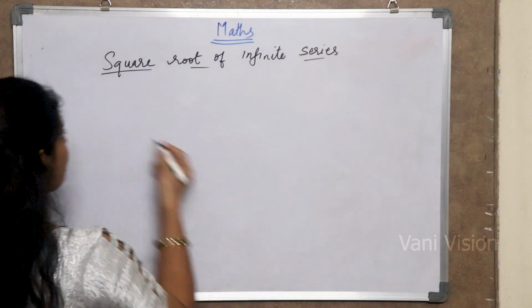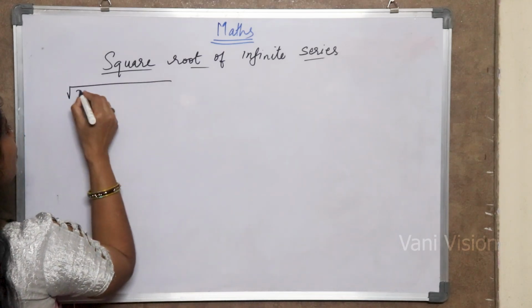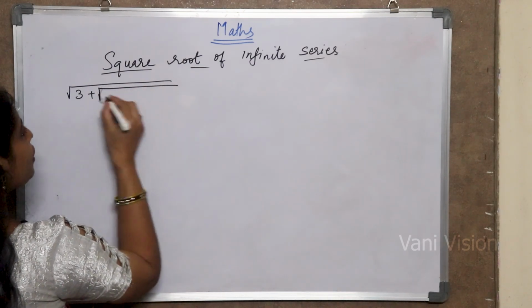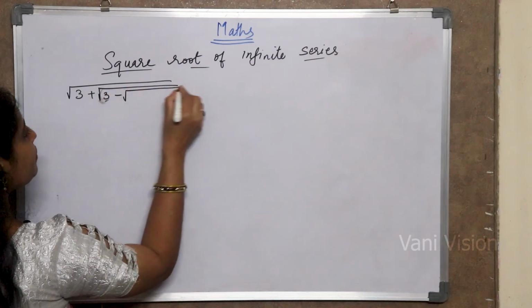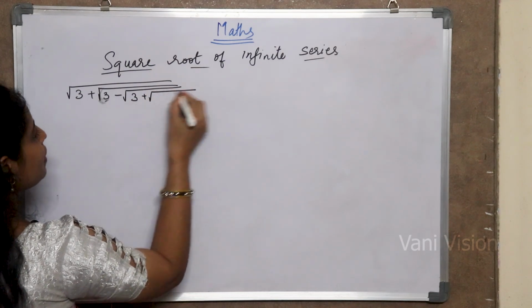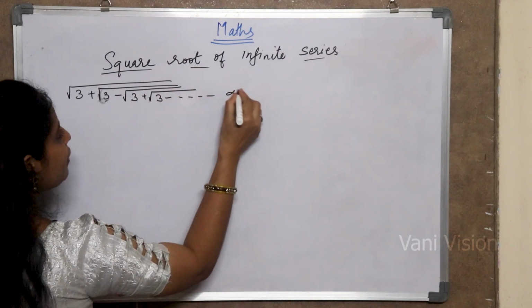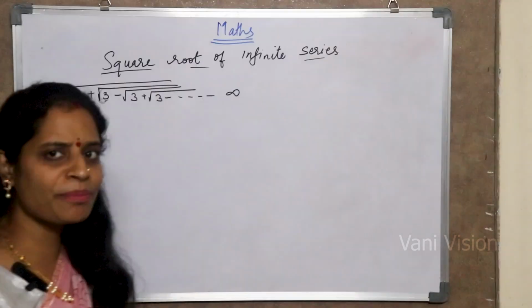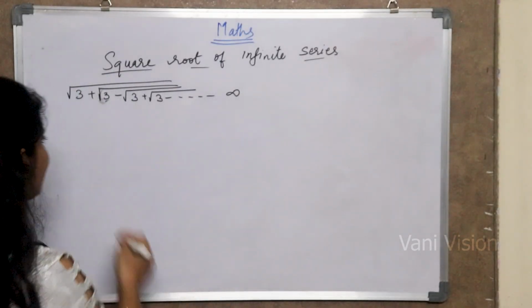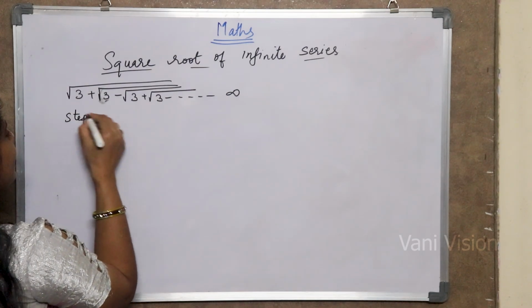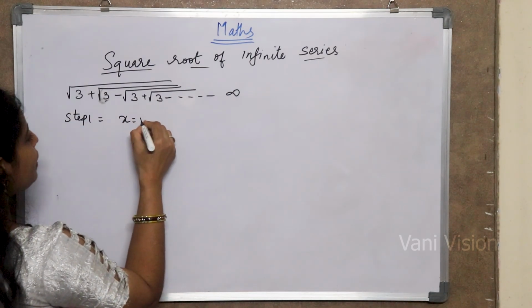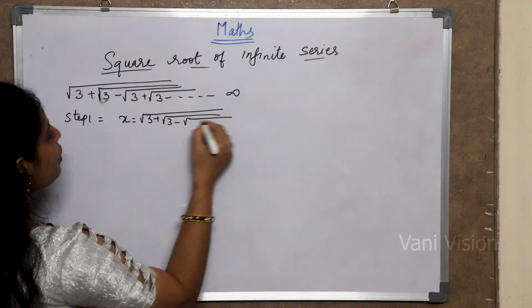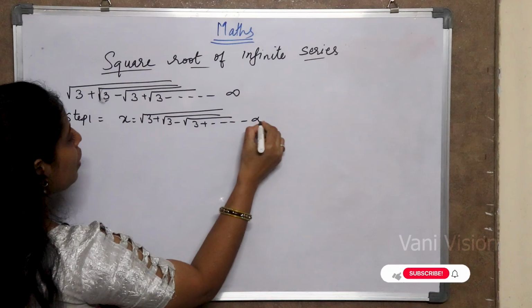Okay, so our question is root 3 plus root 3 minus root 3 plus root 3 minus, and so on to infinity. The same steps as we were doing, right? Little more simplification will be needed in this. So step 1, equate it with x. x is equal to root over 3 plus root over 3 minus root over 3 plus, and so on to infinity.